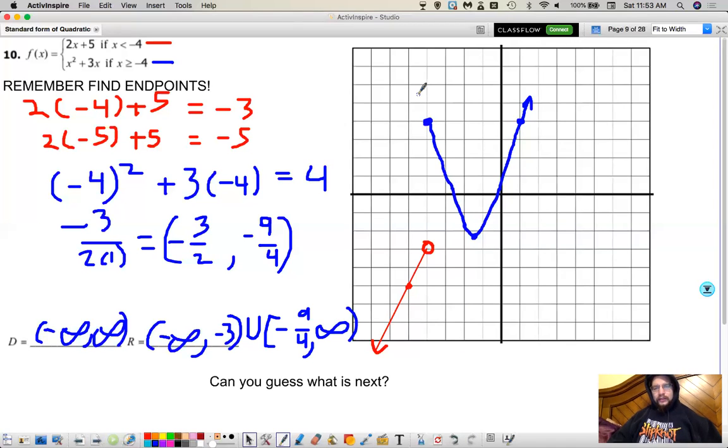Okay, so piecewise, that's coming back. It's not going anywhere. Don't forget about it.